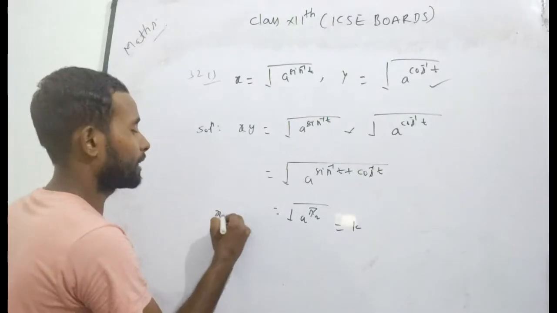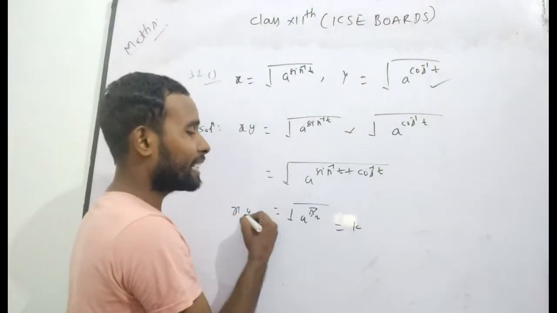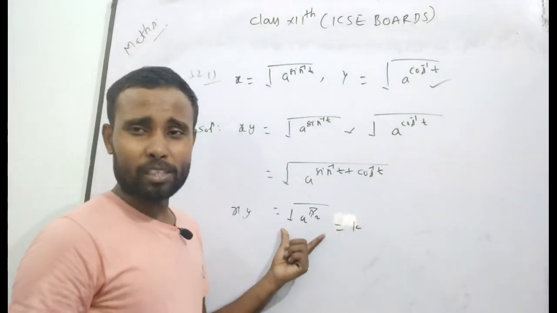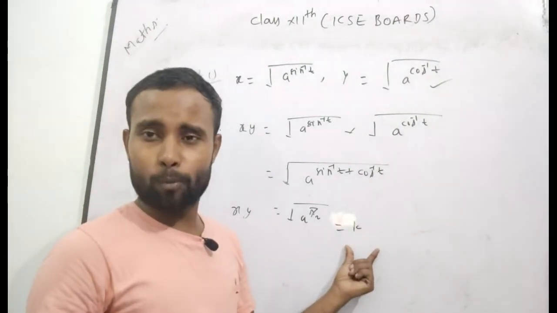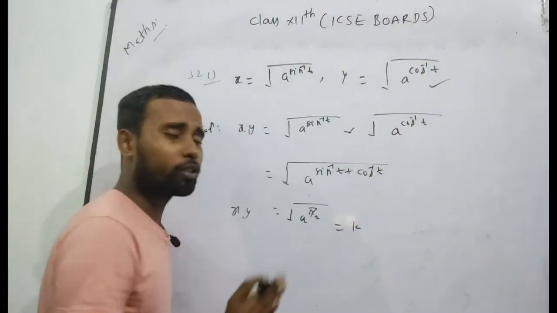Now finally you will get xy is equal to k. Why have I taken k is equal to under root a to the power pi by 2? Because all terms are constant, definitely its value will be some constant, so I have supposed it as a single term. Now differentiate on both sides with respect to x.